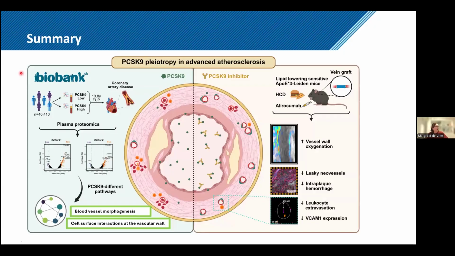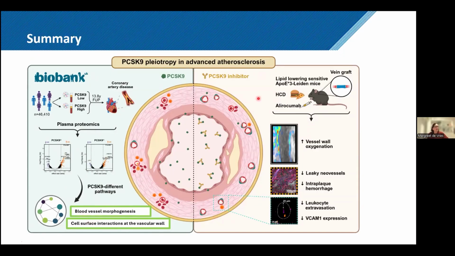So to summarize, using the UK Biobank, if we compare PCSK9 low and PCSK9 high expressing patients, there are specific cholesterol independent pathways like blood vessel morphogenesis and cell surface interactions that can explain the differences in PCSK9 inhibition.